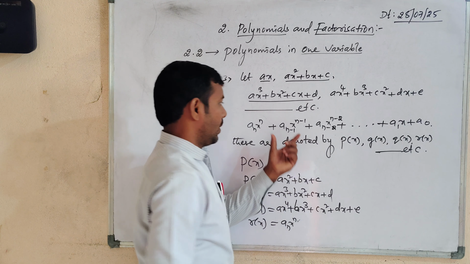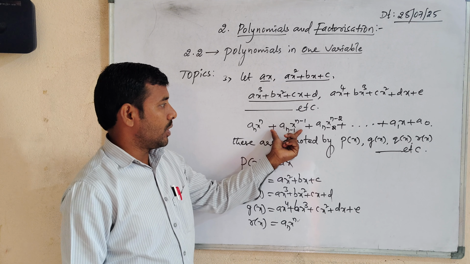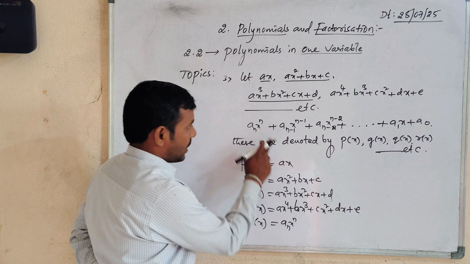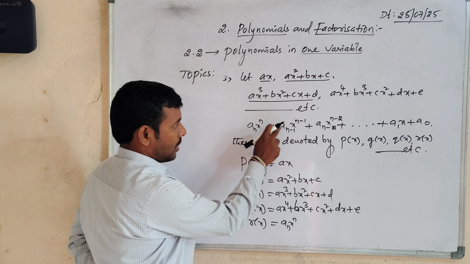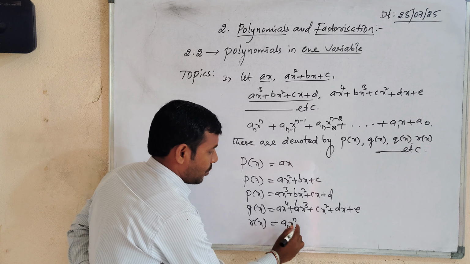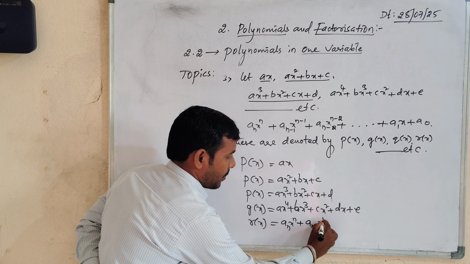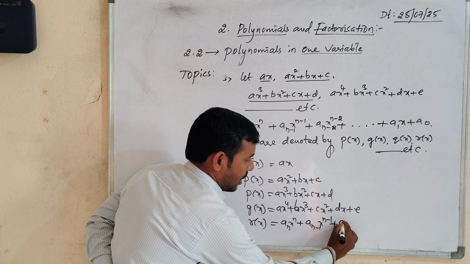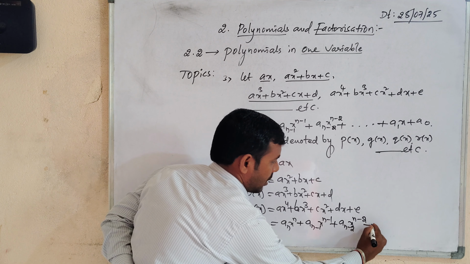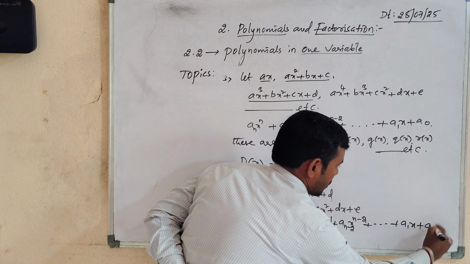In such a way, we can write the general form of the polynomial which is having the variable x. So now I am writing once again this. First I made a little bit of mistake there. Now it is rectified: An x to the power of n, An minus 1 x to the power of n minus 1, An minus 2 x to the power of n minus 2 dot dot dot A1x plus A0.